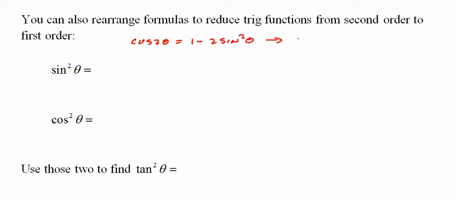So move that over here. 2 sine squared theta equals 1 minus cosine of 2 theta. Divide both sides by 2. And there we go. Sine squared theta equals 1 minus cosine of 2 theta over 2.